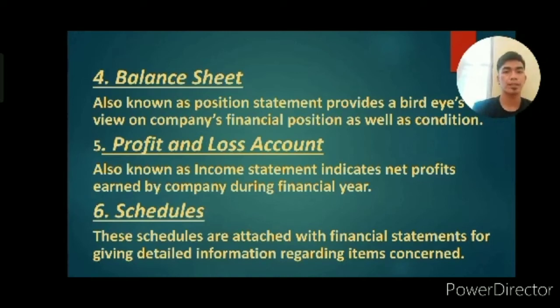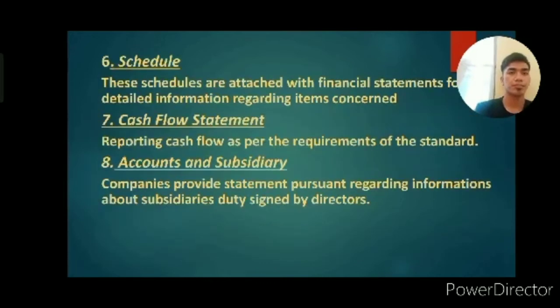Sixth, schedules. These schedules are attached with the financial statement for giving detailed information regarding the item concerned. Seventh, cash flow statement. Reporting cash flow as per the requirements of the standard. Accounts and subsidiary.